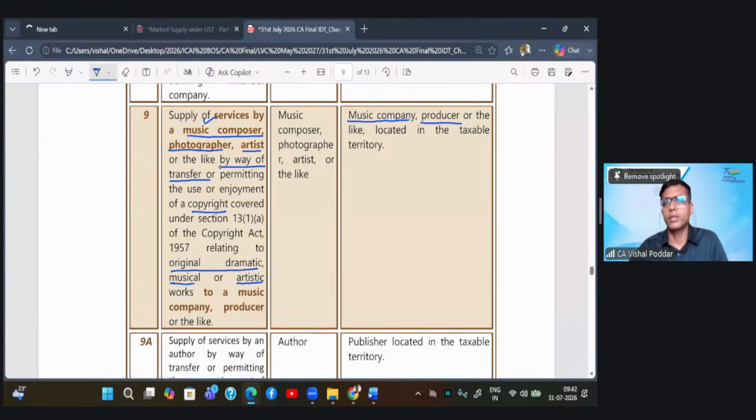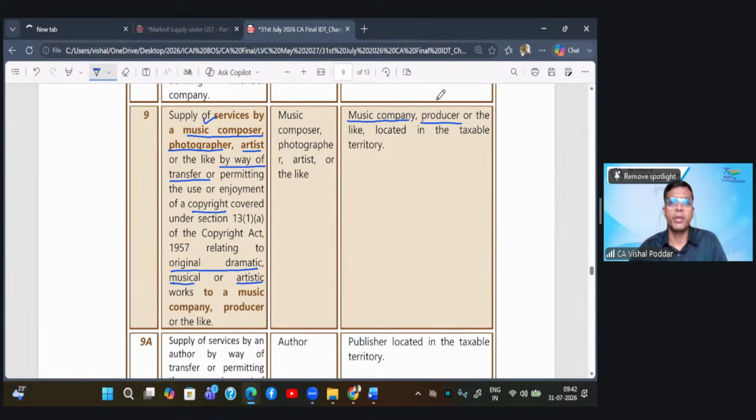Whatever services they are giving to them is transferring the rights to use or enjoy the copyrights of their original work. So I have composed a tune, which is my original work, and I have given this copyright to the music company. Or I have written a story and I have given the copyright of this story to a producer company.